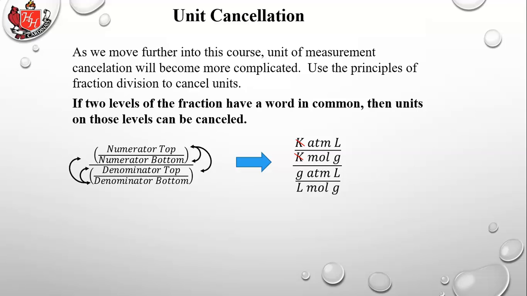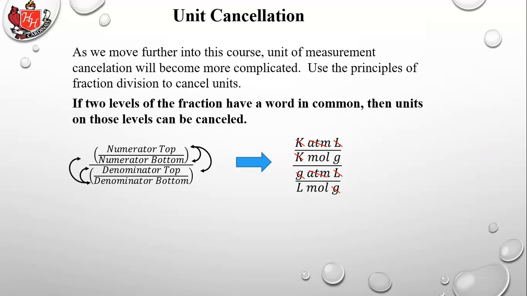Okay, try to find 2 others that'll cancel. Well, how about atmospheres, ATM? You have atmospheres in numerator top and you have atmospheres in denominator top. They both have the word top in common, so they can cancel. How about liters and liters? Again, numerator top, denominator top, they both have the word top in common, so they can cancel.